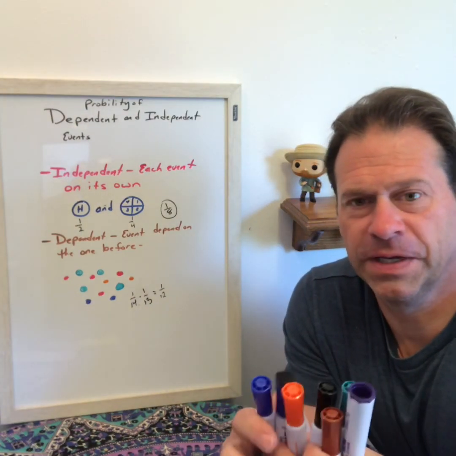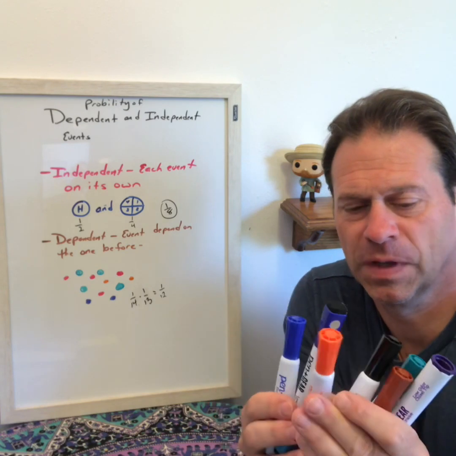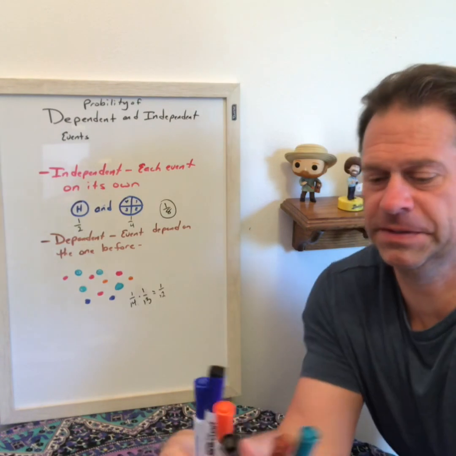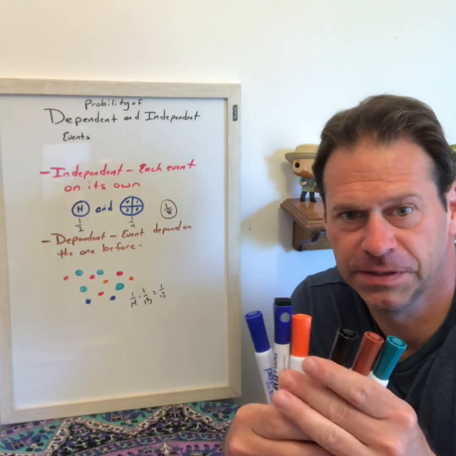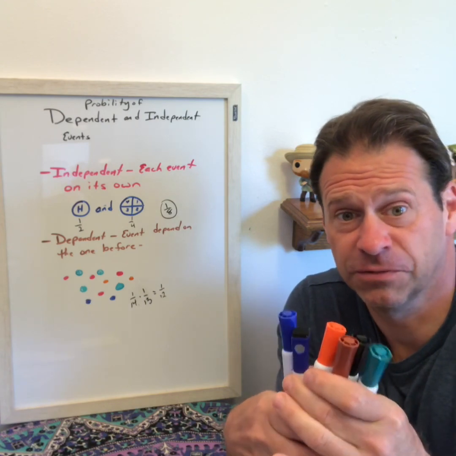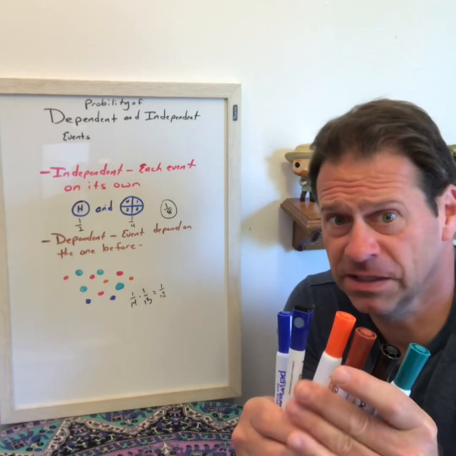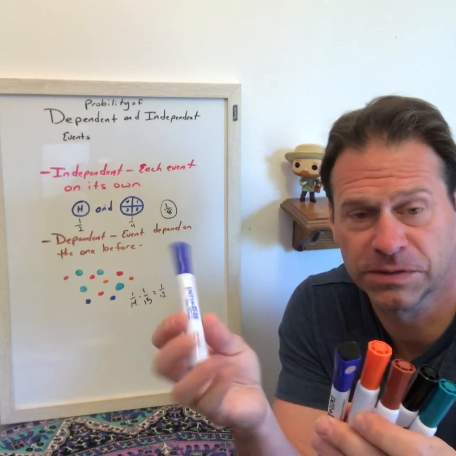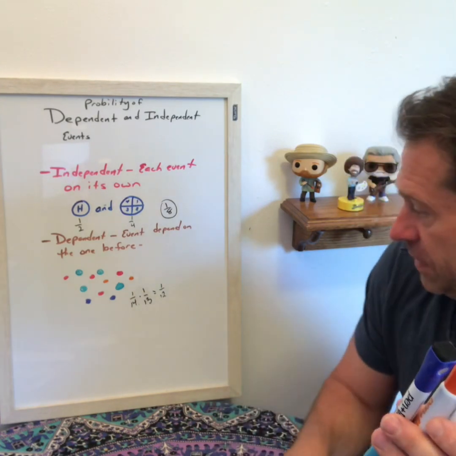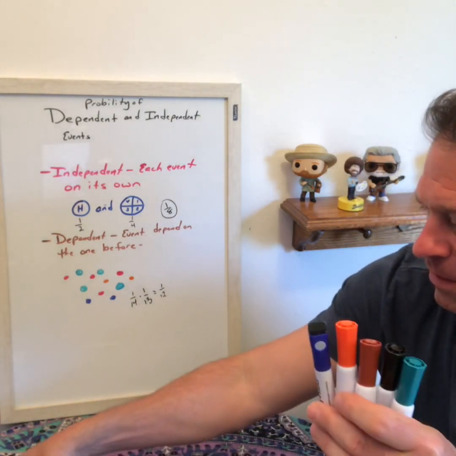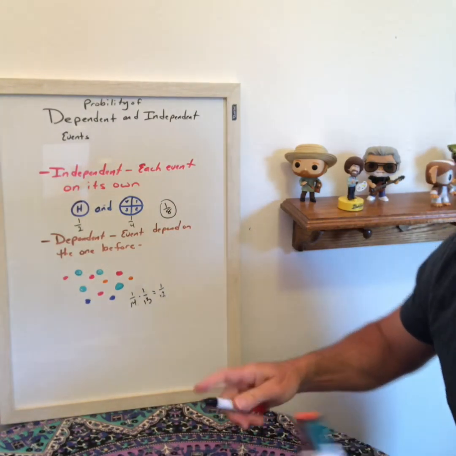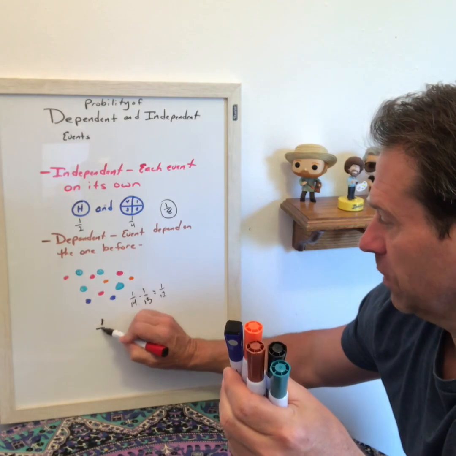Another example would be if I have 2 blues in here, and then I have 6 different possibilities. So my chances of drawing a blue on the first one, and then a chance of drawing a blue on the second one. It's hard. The chance of drawing a blue on the first one is 1 out of 6. So on my first one, I drew a blue, that's 1 out of 6 chances.